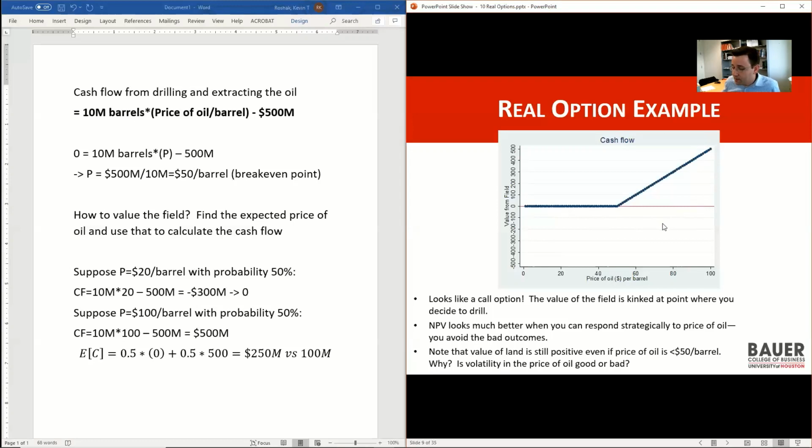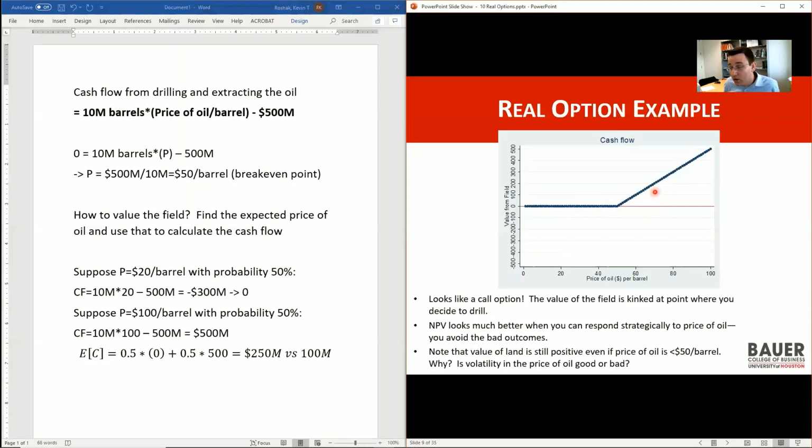And even if, say, the price is $60, so the field has some value, volatility is still good here, because the volatility is asymmetric. It has an asymmetric effect on your cash flows. If things end up getting worse, well, the worst it can go is zero, right? There's a bound here. It can only go so bad before you just don't drill and you get a cash flow of zero.